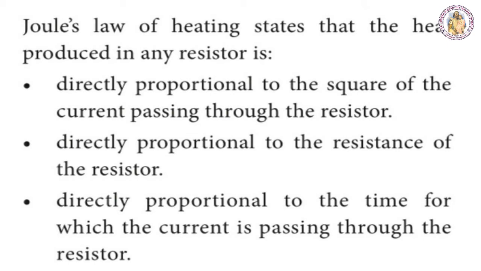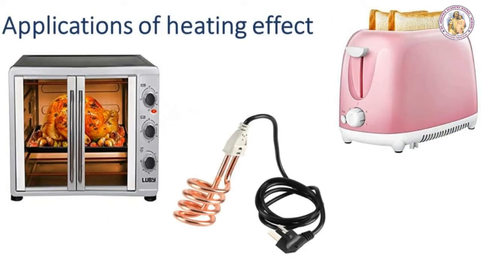So Joule's law of heating states that when a current I passes through a conductor of resistance R for time t, then the heat developed in the conductor is equal to the product of the square of the current, resistance and time. Application of heating effect. Electric heating device.